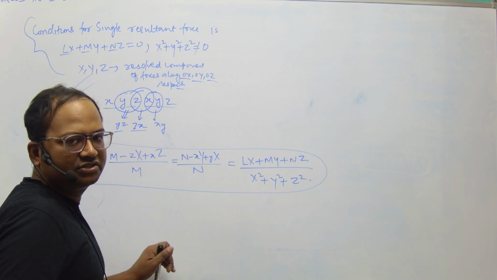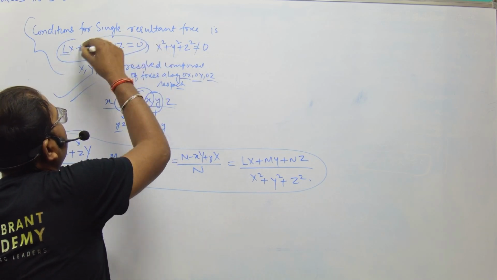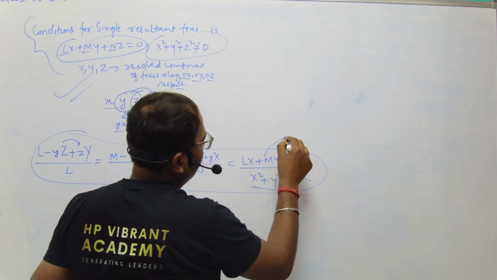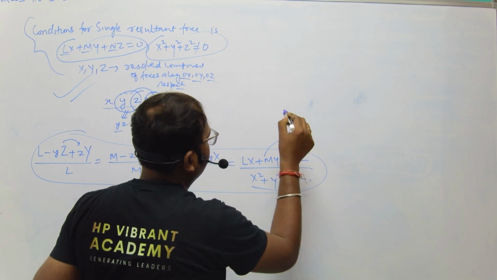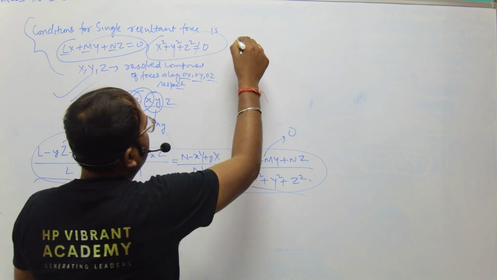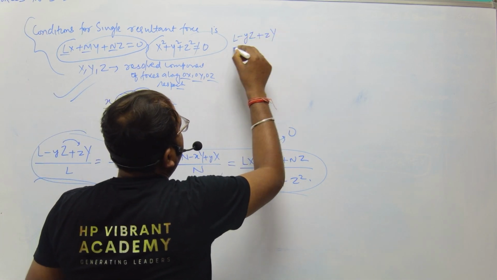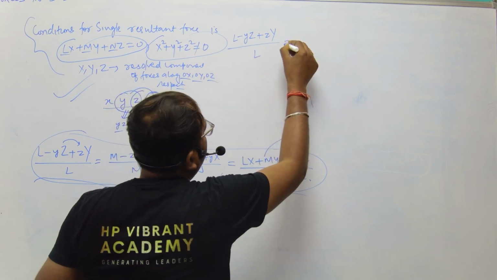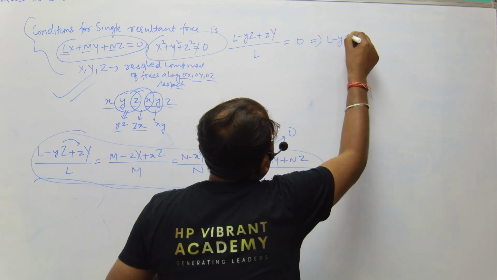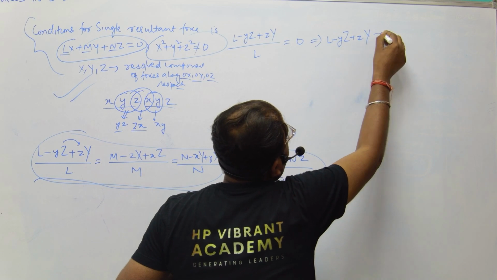The condition here for the single resultant force is that LX plus MY plus NZ is equal to 0, and obviously the denominator is not equal to 0. So since LX plus MY plus NZ is equal to 0, the whole expression is 0. So we have L minus (y capital Z minus z capital Y) upon L is equal to 0, which means L minus (y capital Z minus z capital Y) is equal to 0.